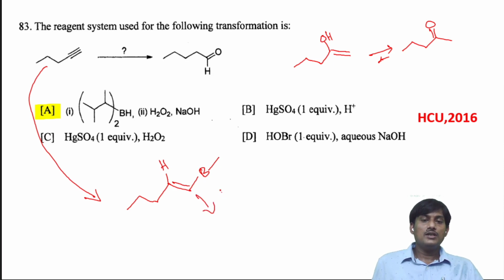When you treat with H2O2 and NaOH, in place of boron you will get OH. This is the OH and double bond, and here there is a hydrogen. There is keto-enol tautomerism, and finally you will get aldehyde. So what is the correct option? This reagent is very suitable for the transformation of this alkyne into aldehyde.